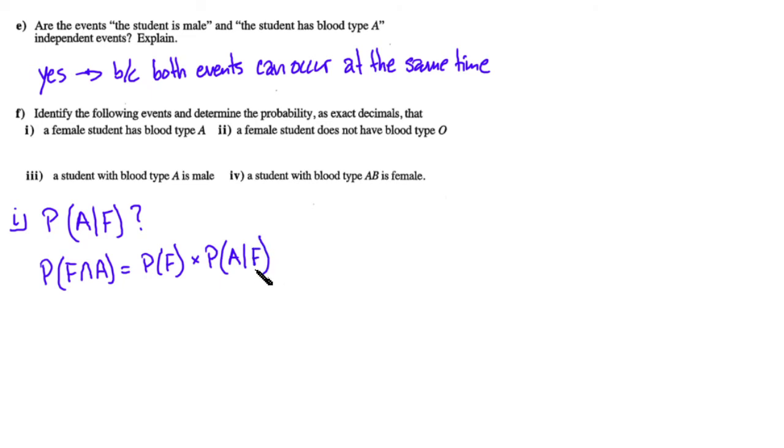Okay, so this is the formula we're going to be using. So first we have to determine some quantities. We know what the probability of female is, and this is what we're looking for. Find this.